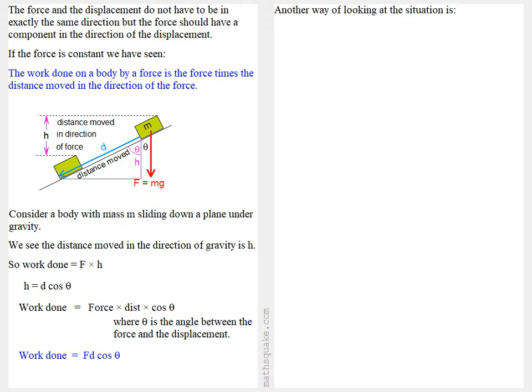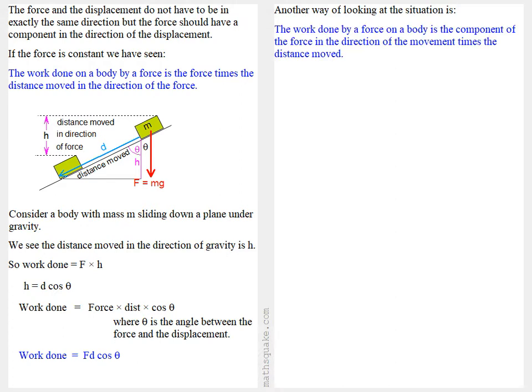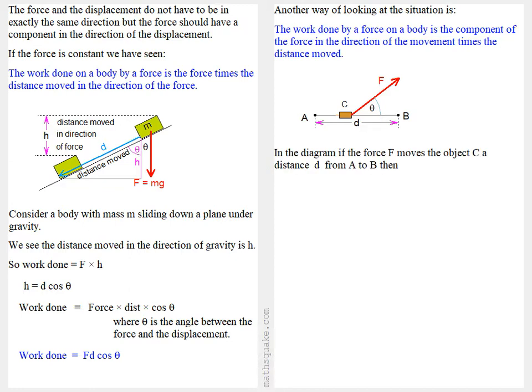Another way to look at the situation is to say the work done by a force on a body is the component of the force in the direction of the movement times the distance moved. In the diagram, if the force F moves the object C a distance d from A to B, then the work done is the component of F in the direction AB, which is F times the cosine of the angle times d.